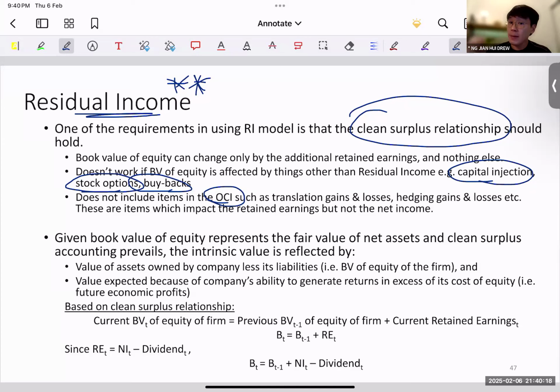Your net profit is not going to be impacted, but it's still going to translate to losses or gains in your retained earnings, which will translate to losses or gains in your equity. So this is a very peculiar situation. And so these items are not considered when we are talking about the clean surplus relationship here.